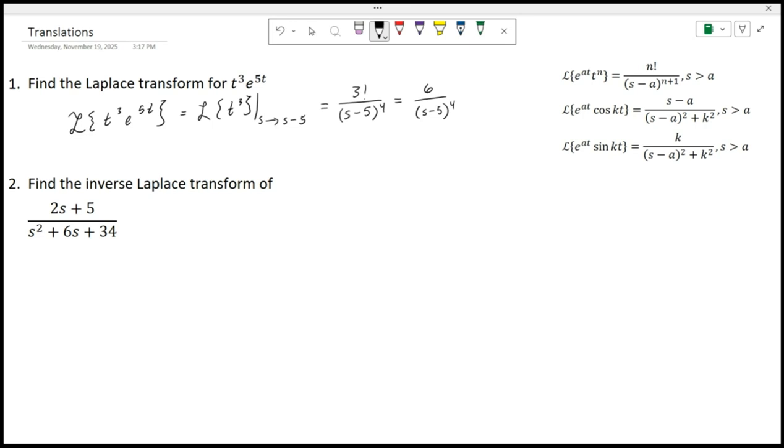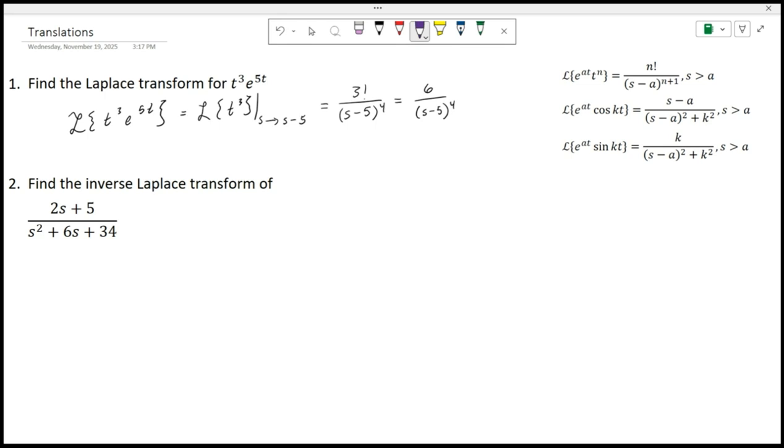So this one reminds me of my cosine and sine functions, but it does look a lot different in its current form. So the first thing I'm going to do is a little bit of side work. I want to first deal with that denominator. So I have a quadratic here, s squared plus 6s plus 34.